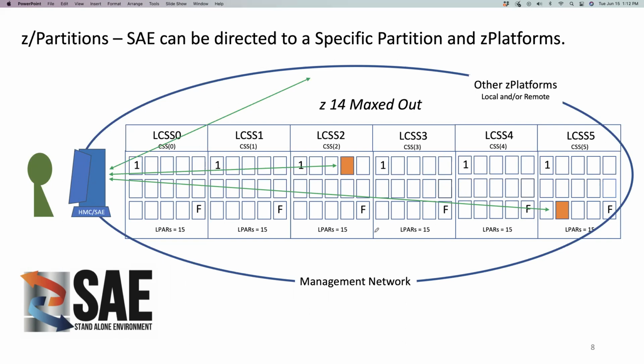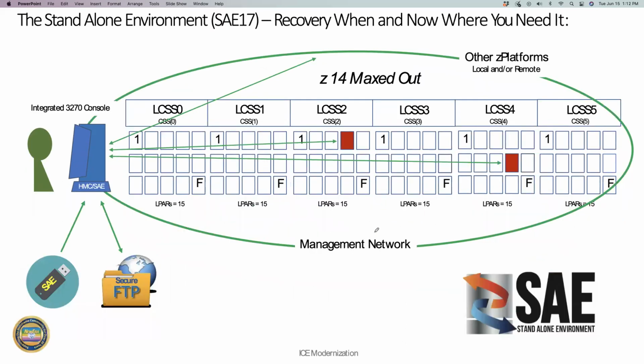But the difference is now we can communicate back to the HMC integrated console. So that requirement of having a locally attached 3270 terminal no longer exists. We can actually use the HMC console in order to be our application interface and let you do things directly from there. And I'll show you what this looks like in just a moment.